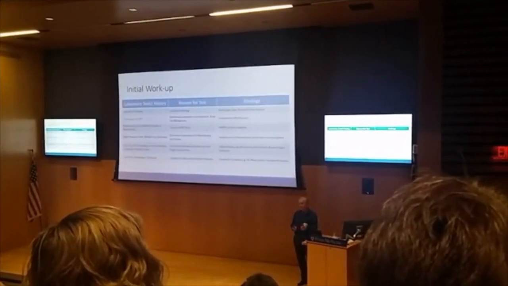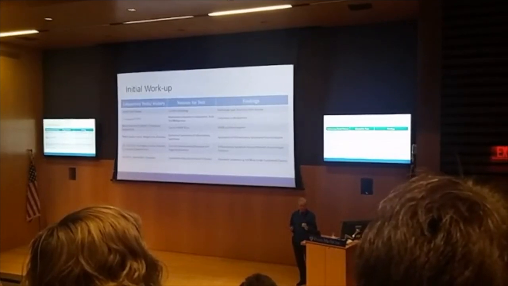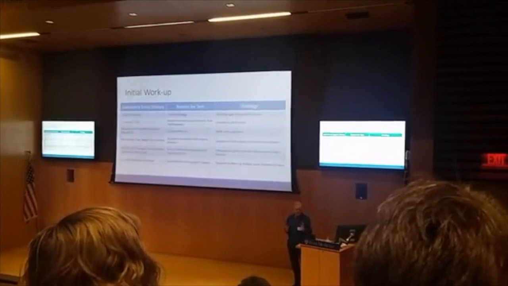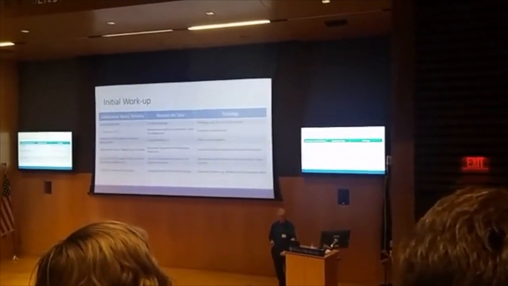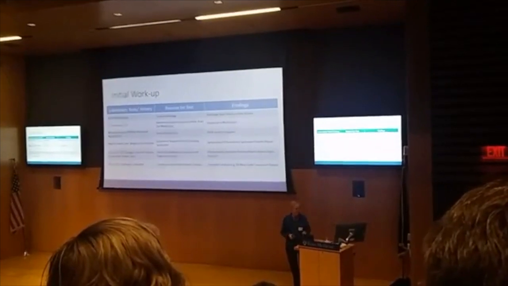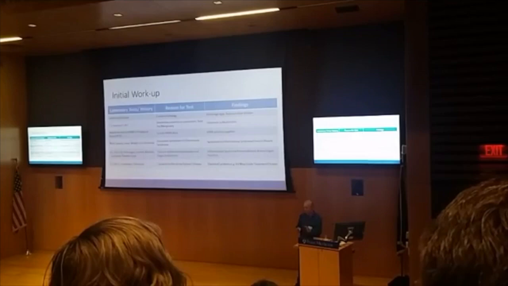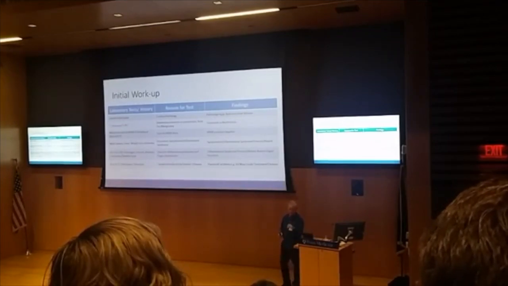The other test you will get is either a CT scan or a PET scan, either will do, to see what the extent of the disease is. Is it one lymph node or are there multiple lymph nodes everywhere? So we can differentiate between unicentric disease and multicentric disease. Incidentally, we like to put people in these boxes, unicentric and multicentric.